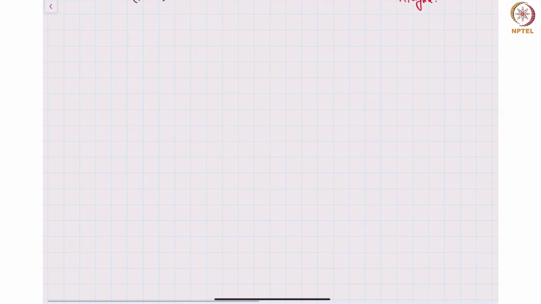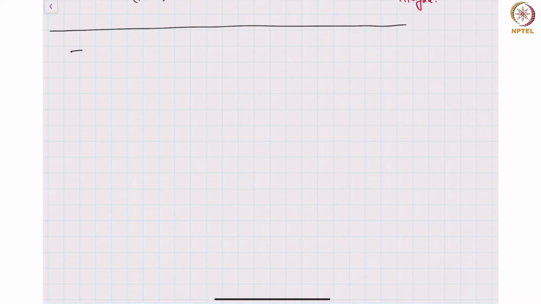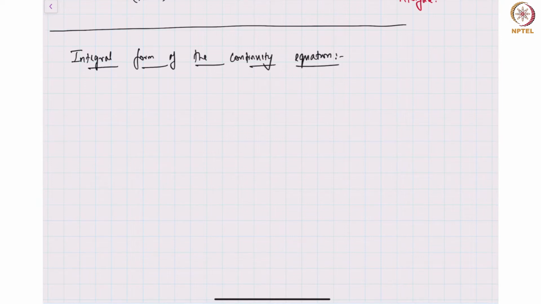So we'll be looking at the integral form. Let's start with the integral form of the continuity equation.